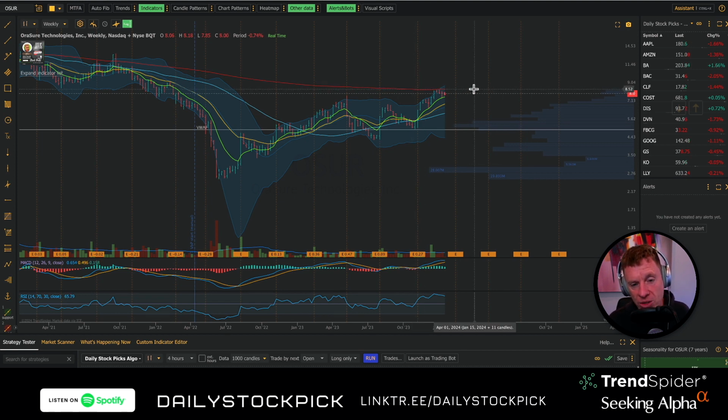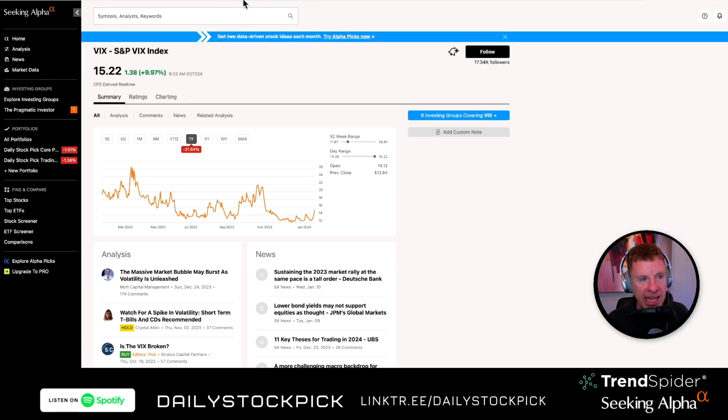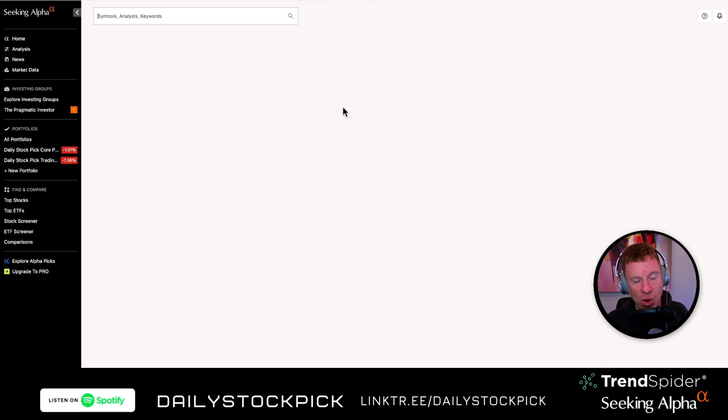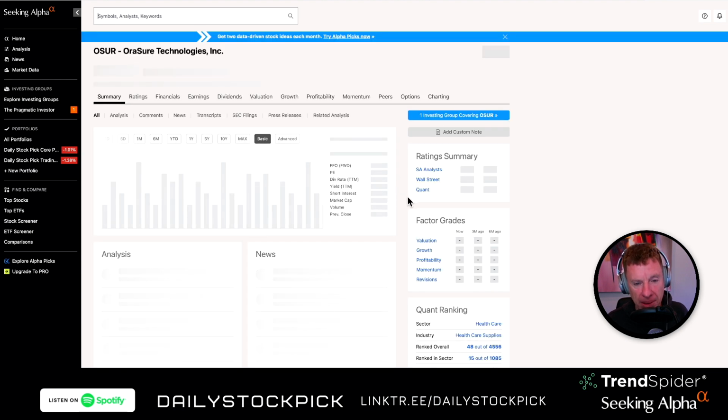You could be using that as resistance. You're kind of seeing on the weekly, it's overbought. The RSI is at 65. The MACD is above the oscillator. It's about to come down. So I don't know that I'd necessarily use this, but put it on a watch list for yourself, because I do think when we go over here to Seeking Alpha, OSUR, you're seeing OraSure as a potential one.